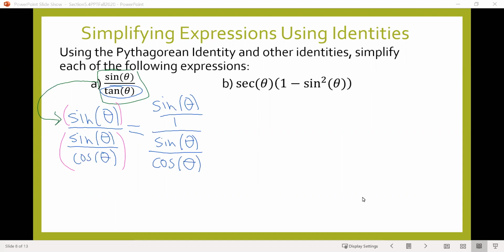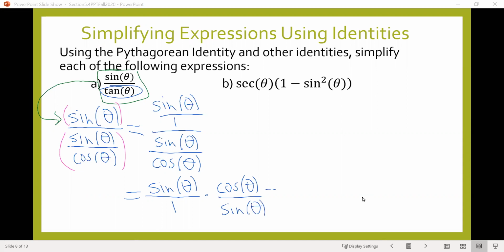So what we're looking at now is sine of theta over 1 divided by sine of theta over cosine of theta. We'll again use our division with fraction rules to write this as sine of theta over 1. Change division to multiplication. Flip that second fraction, so make that cosine of theta over sine of theta.